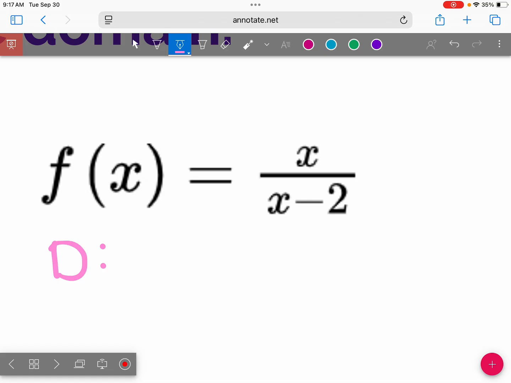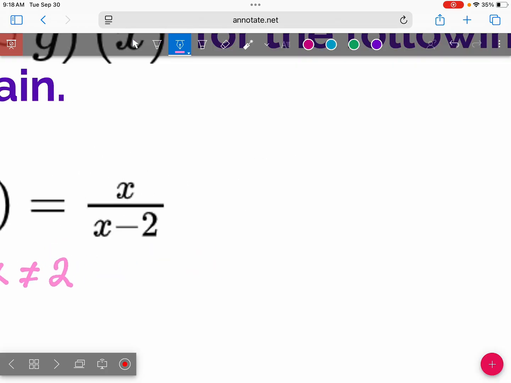So when x has what value? 2. So it's anything in the existence of the universe except x cannot be 2. And that's totally okay to write it like this. That's not our final answer. We don't have to have it in interval notation right here. You can: negative infinity to 2, 2 to infinity. Totally valid.